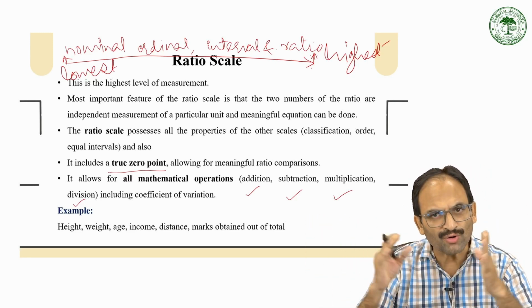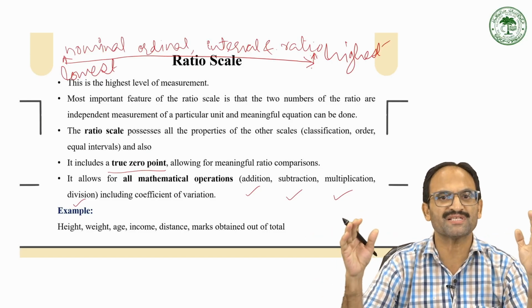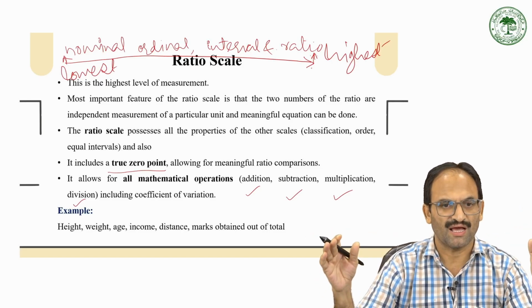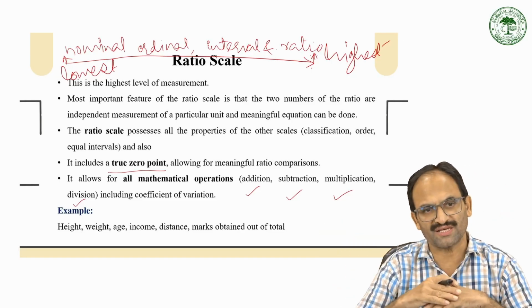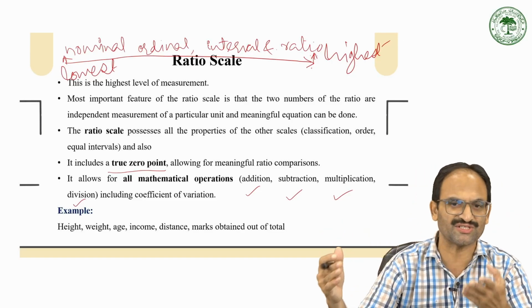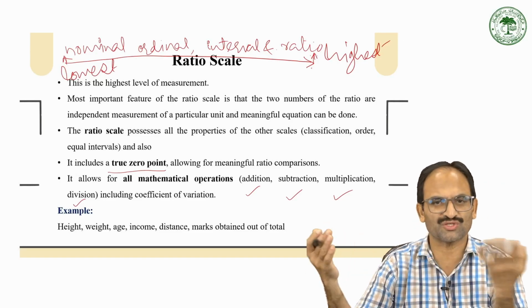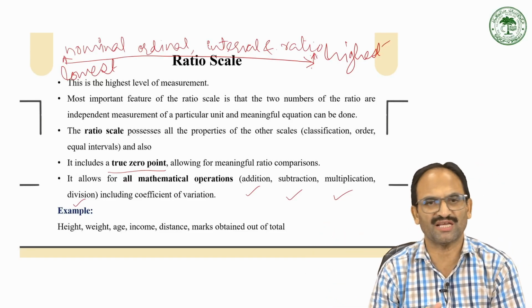But if you talk about ratio scale, you will find that mostly it happens in physical science. Particularly if you want to measure height, weight, age, income, distance, all these things, you will find that the ratio scale is there.